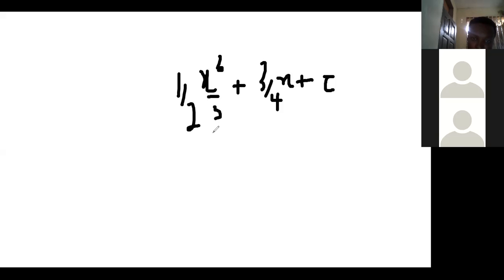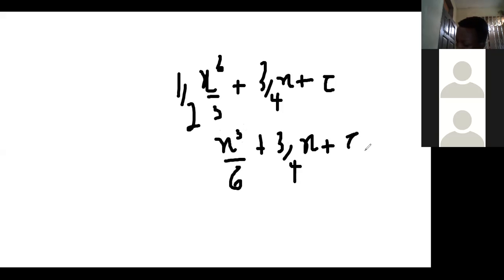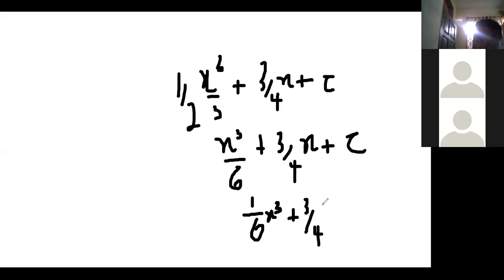Rewriting, it is x cubed all over 6 minus 3 all over 4 x plus c. So when you're given integration with division, just try and see if you can break it down before you integrate. Do you get it?